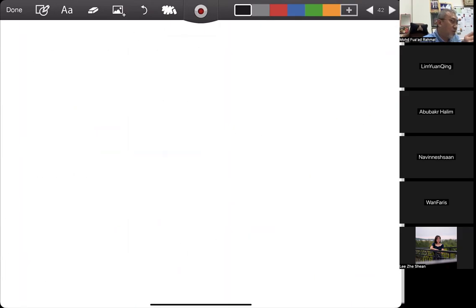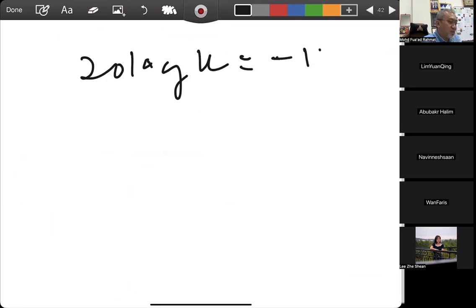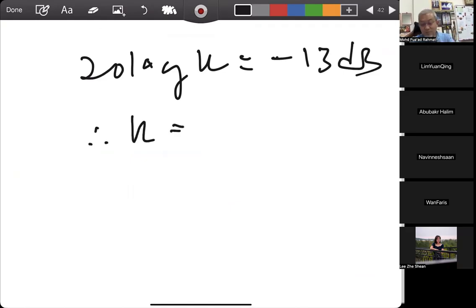Minus 13 dB, correct. K equal to 0.22. Shift down, it's not shift up, right?